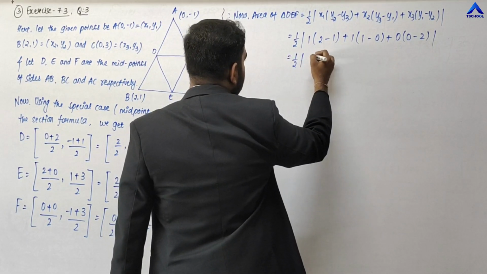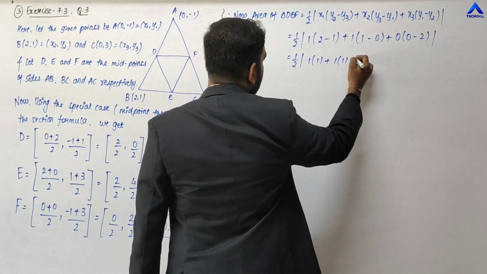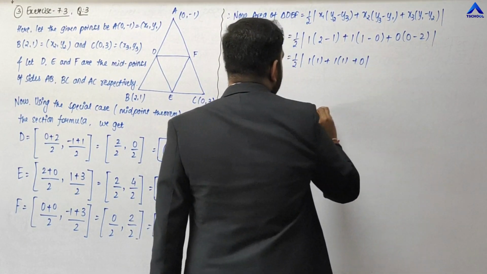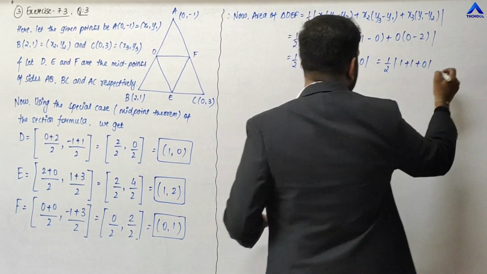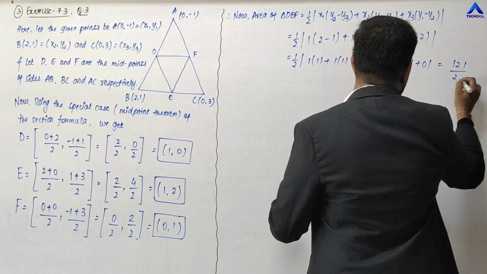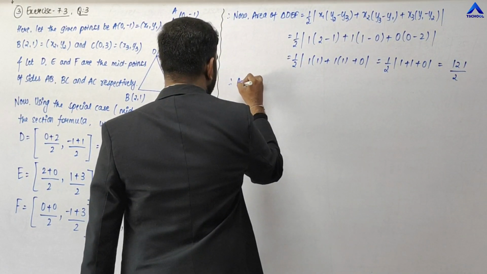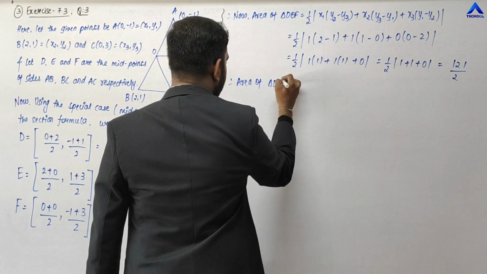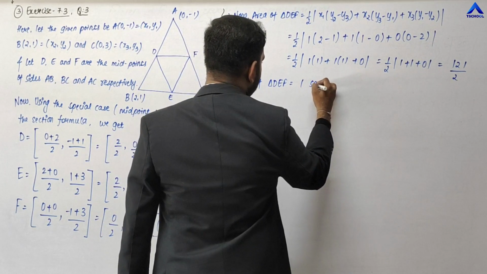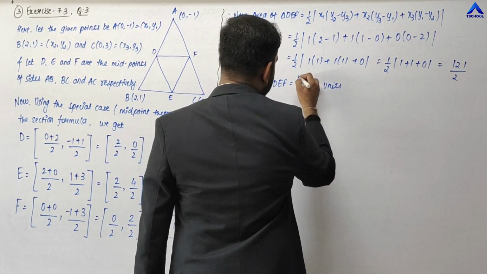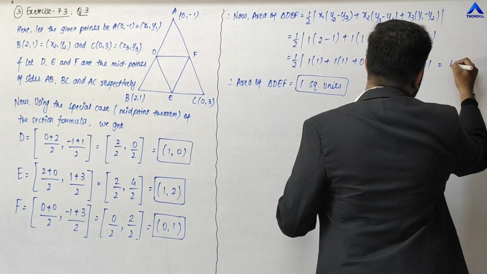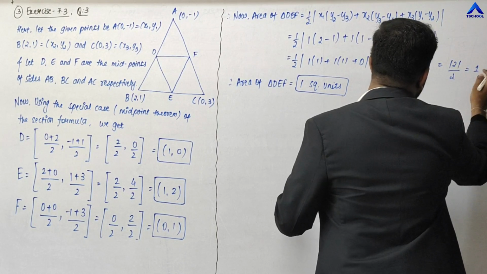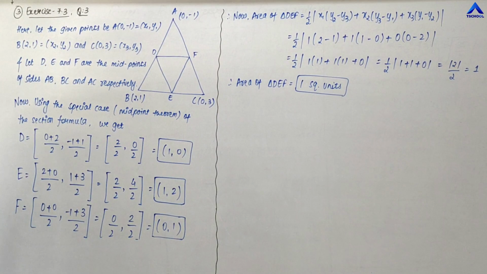That is half modulus 1 into 1 plus 1 into 1 plus 0, which is equal to half modulus 1 plus 1 plus 0, that is modulus 2 by 2. Therefore area of triangle DEF is 1 square unit, that is modulus 2 upon 2, which is equal to 1.